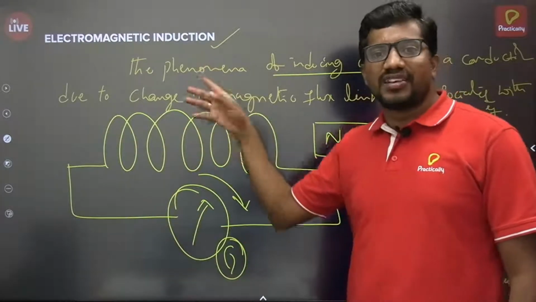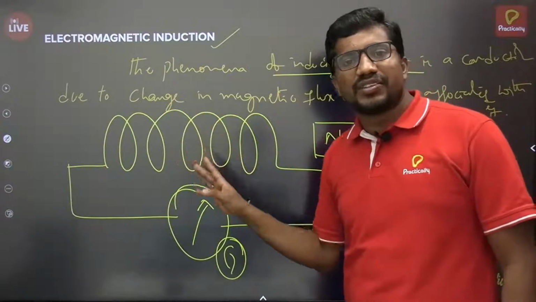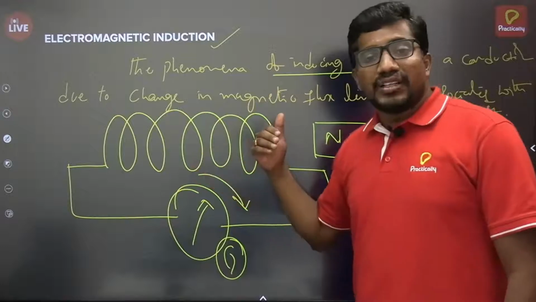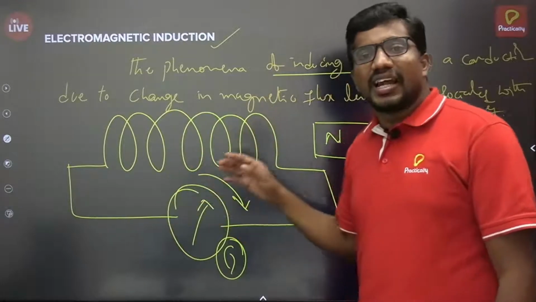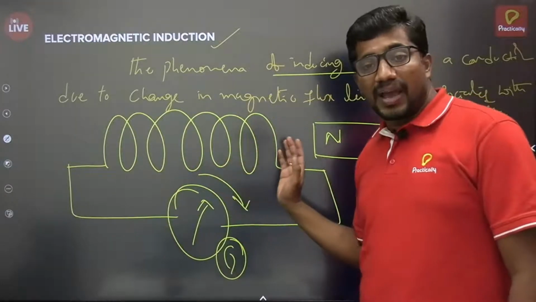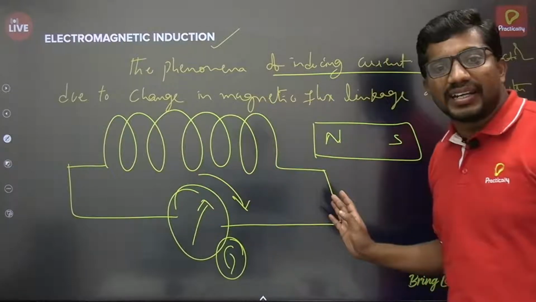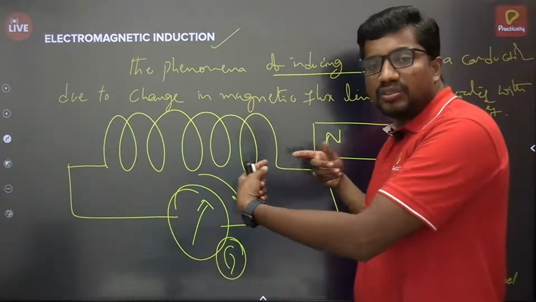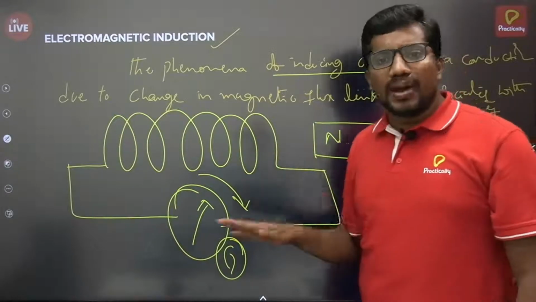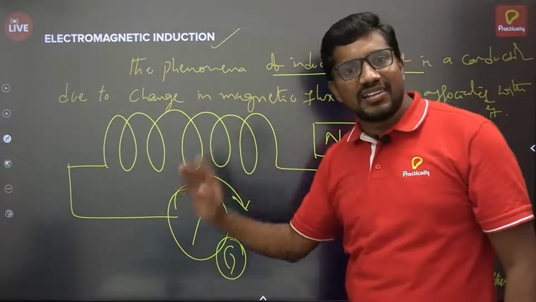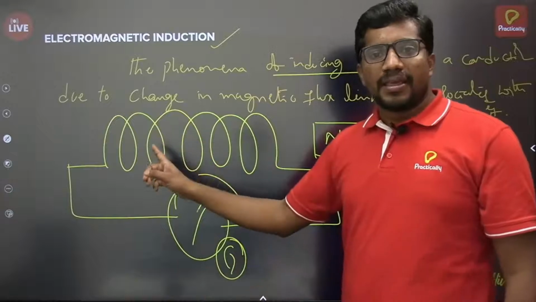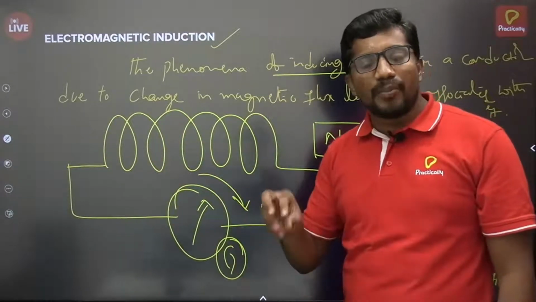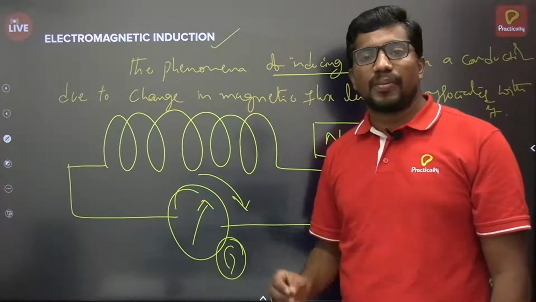If the magnetic field associated with the conductor changes. So whether you keep the coil stationary and bring the magnet, or keep the magnet stationary and bring the coil, or bring both towards each other relatively, it doesn't matter. If the magnetic flux linkage changes, electric current will be induced in the coil. That phenomenon is electromagnetic induction.